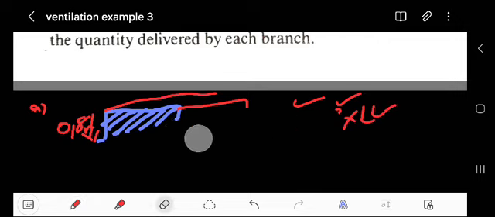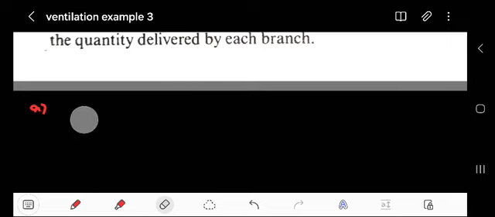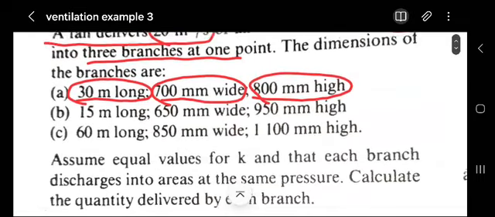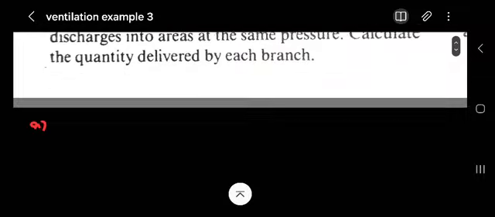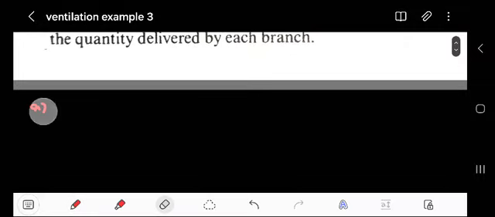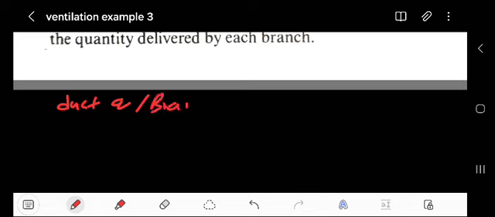So as you can see, we have A there. Let me just say branch A, then I can calculate the area.